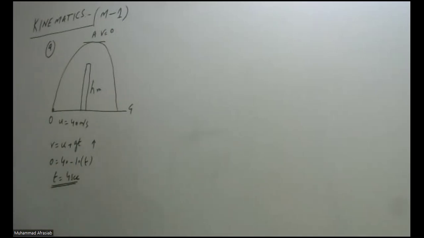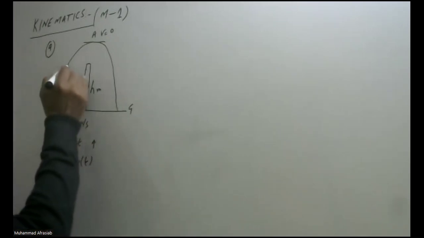So the particle will take 4 seconds to reach the top and then 4 seconds to reach the ground level. But in this case, they are asking us to find the height of the building when the particle is above h for 4 seconds.